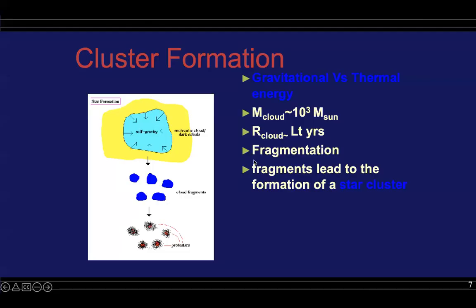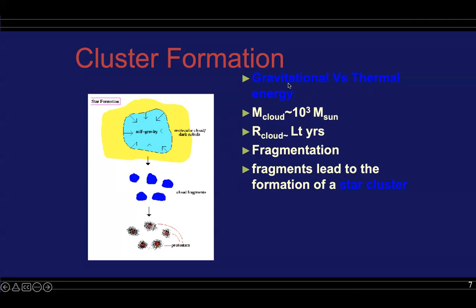And when star formation takes place, the stars are formed in groups. They are never formed individually, they are formed in clusters. Right? So I've already mentioned that there's a gravitational versus thermal energy battle.